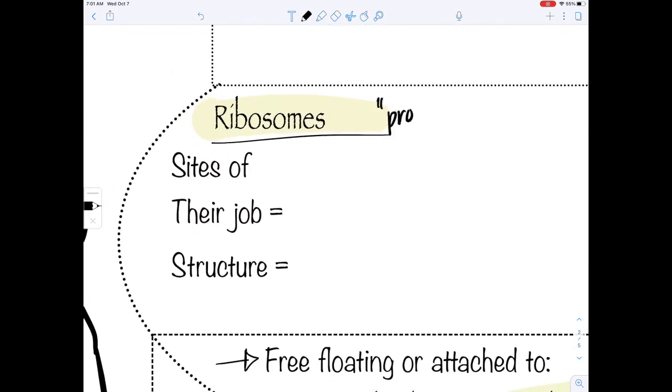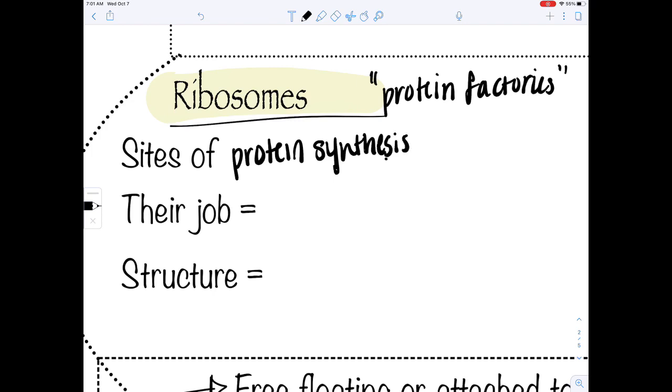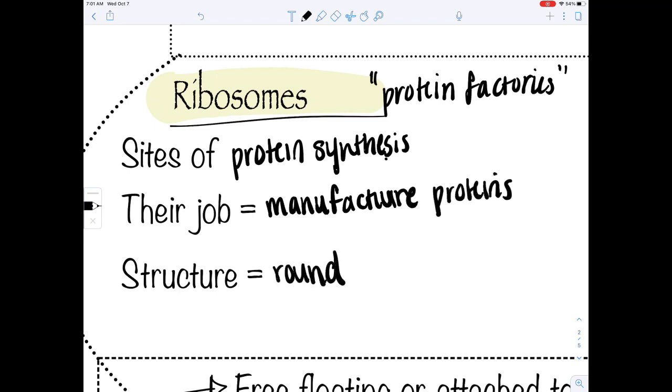Now let's look at our ribosomes. Ribosomes are your protein factories. This is the site of protein synthesis. Their job is to manufacture proteins, and their structure is going to be a round structure made out of our two subunits. We have our large subunit and a small subunit.